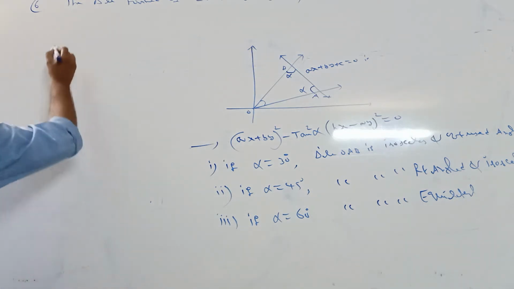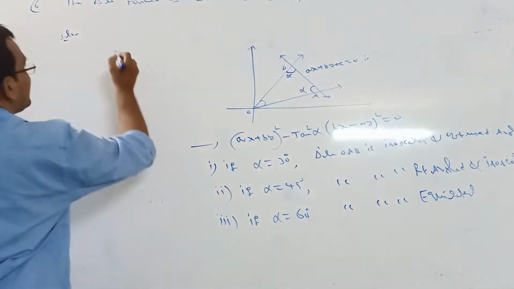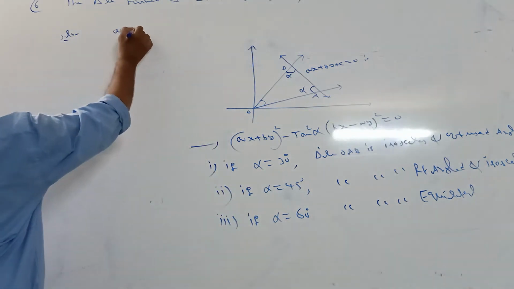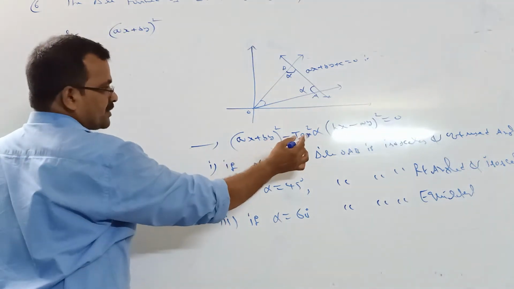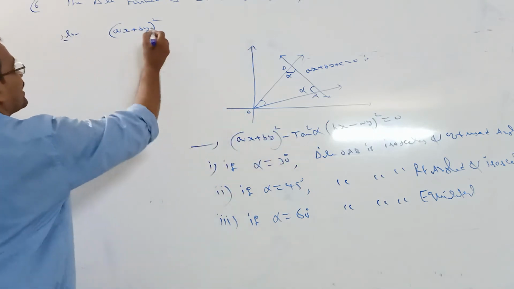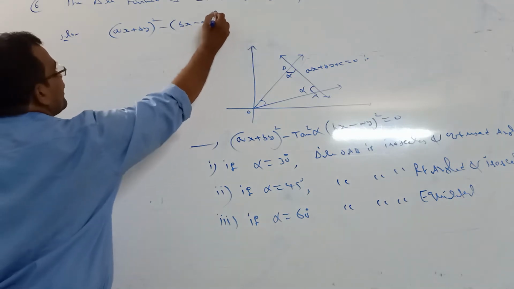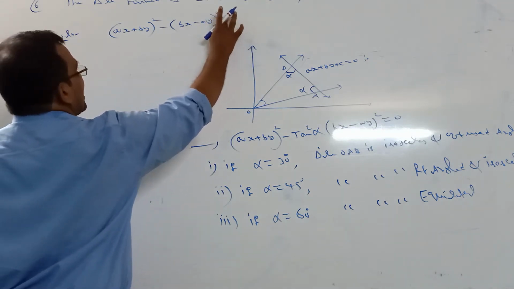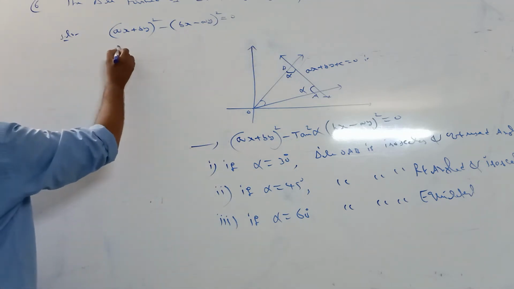For example, I verify the right angle isosceles triangle. So (ax plus by) whole square, and put here alpha equal to 45 degrees, tan 45 means 1, minus (bx minus ay) whole square equal to 0. So I applied this equation for the given one.